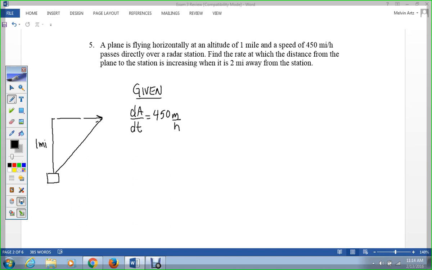So I'm going to let A represent the distance the plane has traveled past that radar station. So the distance from here to here, I'm letting represent A.